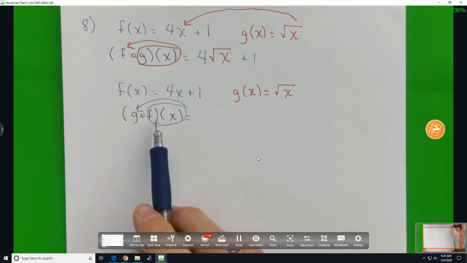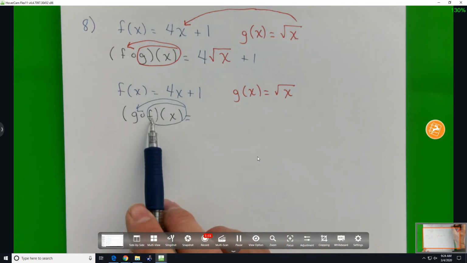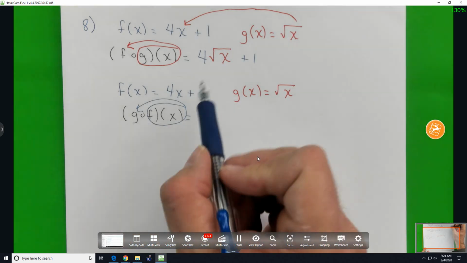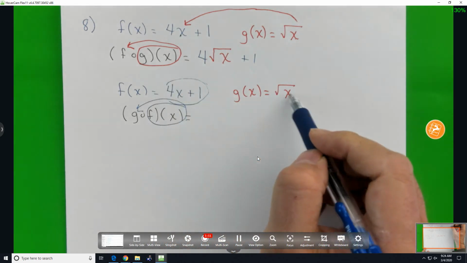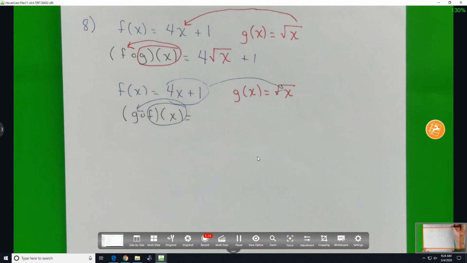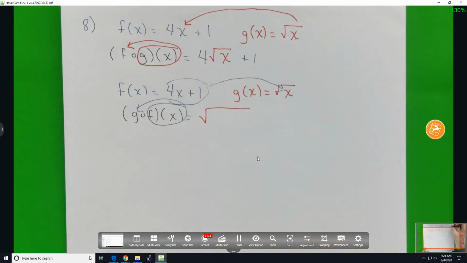Oh, I'm sorry, plug f into G. I'm plugging f into G. So I'm plugging this in here. In place of that red x, I'm going to put the blue 4x plus 1.